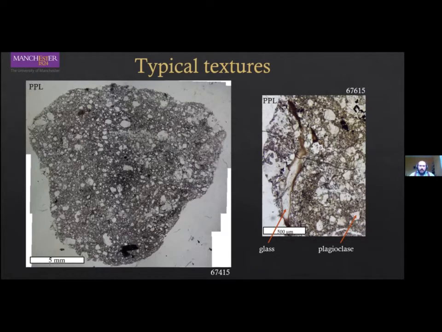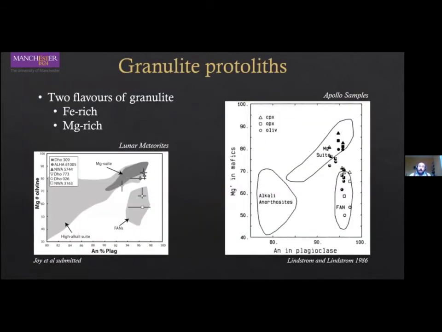So in general, there are two flavors of granulites. There are some iron-rich ones and some magnesium-rich ones. This is the classification diagram I showed before of An number in plagioclase versus magnesium number in mafic minerals for some Apollo samples and some lunar meteorites. The Fe-rich type granulites seem to plot, in terms of chemistry, very clearly in the crustal anorthosite field.